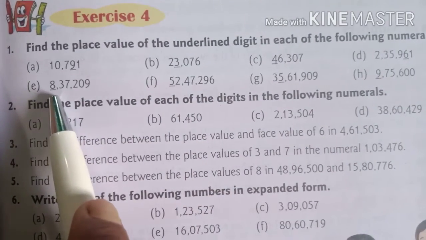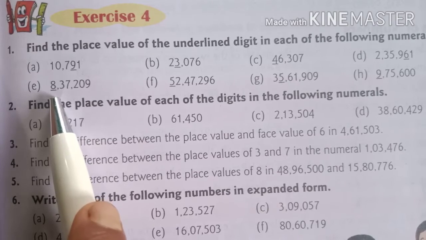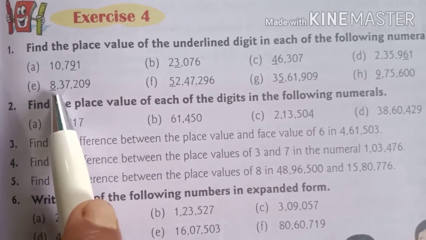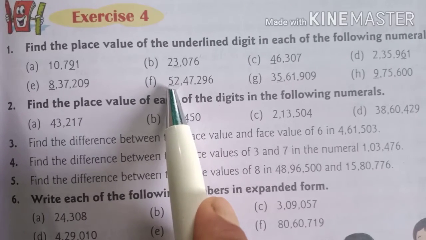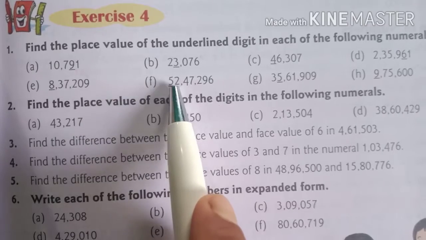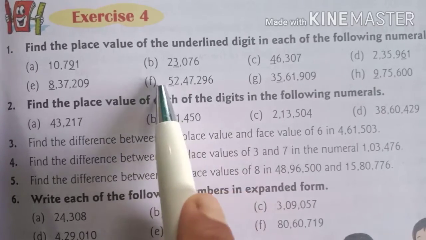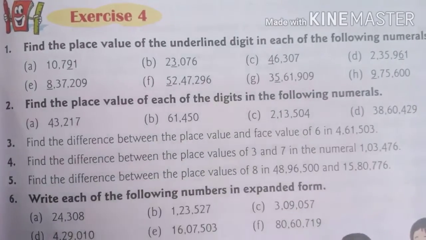Likewise, in E, 8 is situated at the lakh place. So 8 will be multiplied by 1 lakh and 8 lakh will be the place value of 8. And 5 is at the 10 lakh place. So 5 is multiplied by 10 lakh and 50 lakh will be the place value. Likewise, you will do question number 1.